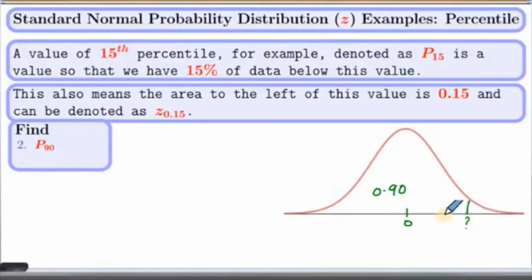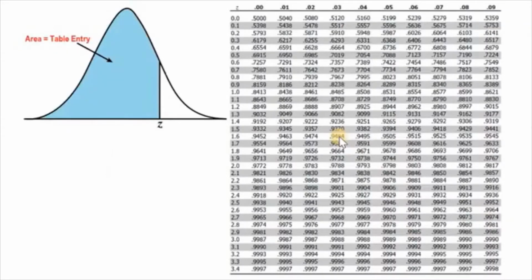So now we are ready to use the table. So let me pull up my table first. We look for 0.90 among these tiny 4 decimal place numbers. The value closest to 0.90 that I can find on this table is this one here, which is 0.8997.